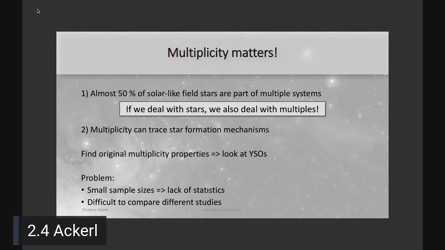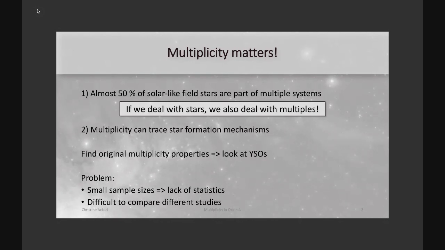So if we deal with stars, we always have to also deal with multiples. A second very important thing about multiplicity is that it can, of course, also reveal some information about star formation mechanisms that lead to the multiplicity properties.